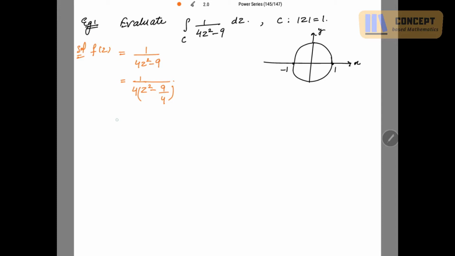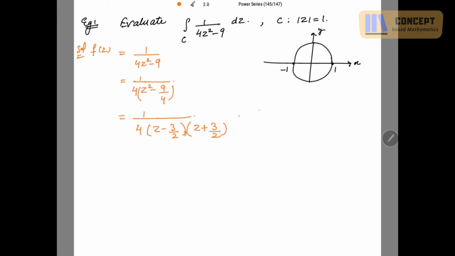Using the formula a squared minus b squared, it is factorized as 1 by 4 times 1 over (z minus 3 by 2)(z plus 3 by 2). Now, what are the given points? The points are 3 by 2 and minus 3 by 2.